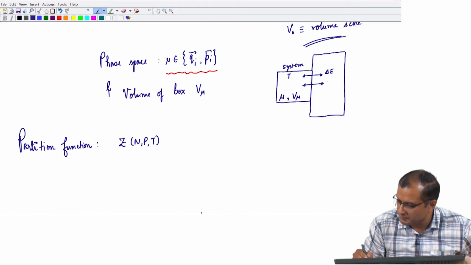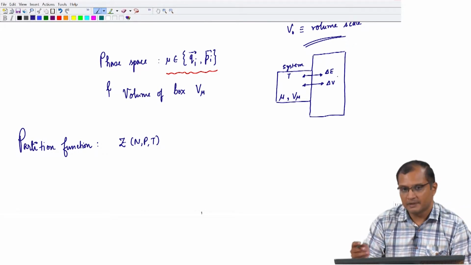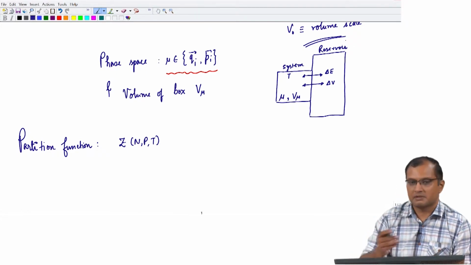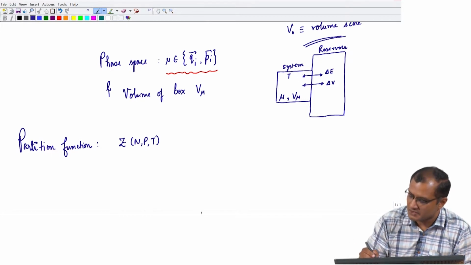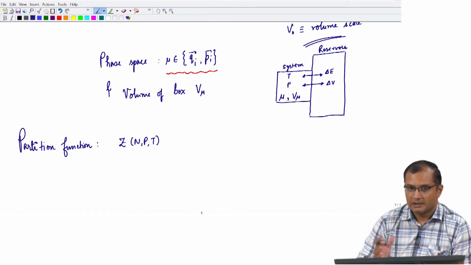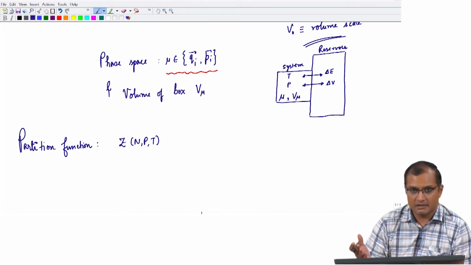So, there is a constant mechanical interaction of the system with the reservoir, which is manifested in the exchange of volume, and that keeps my pressure constant. Okay. So, thermal interaction is necessary to keep temperature constant, and mechanical interaction is necessary to keep pressure constant.